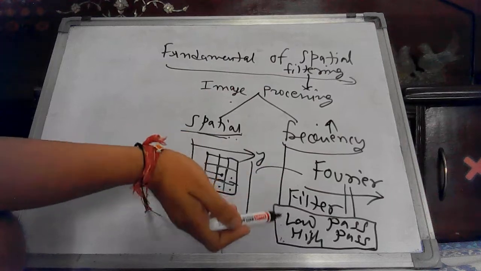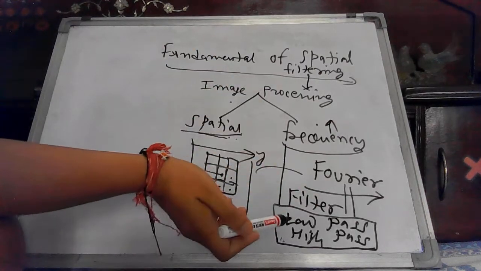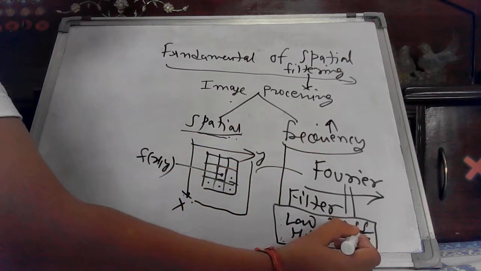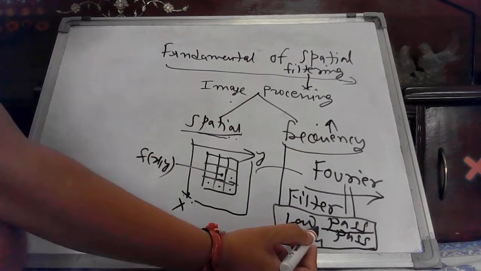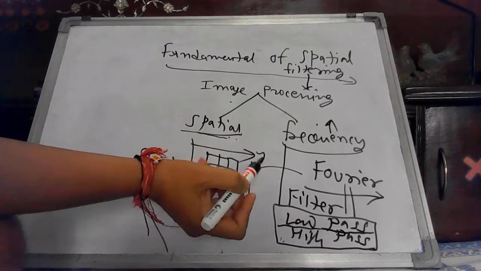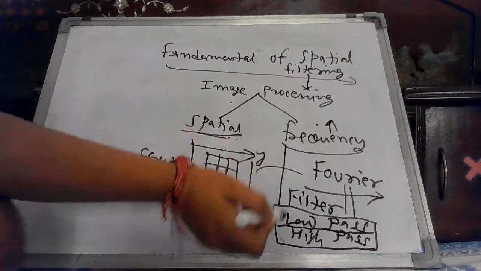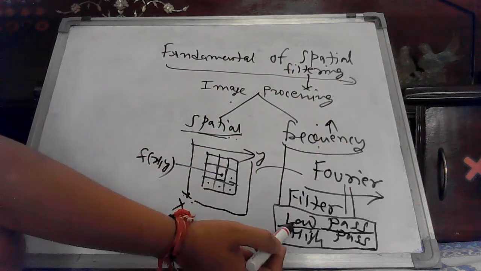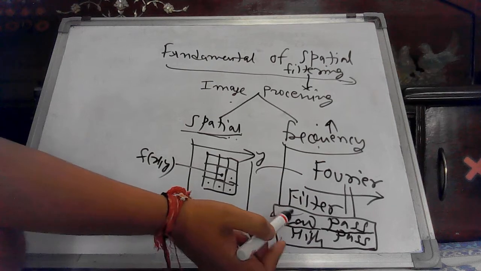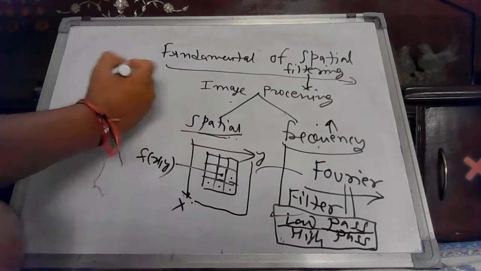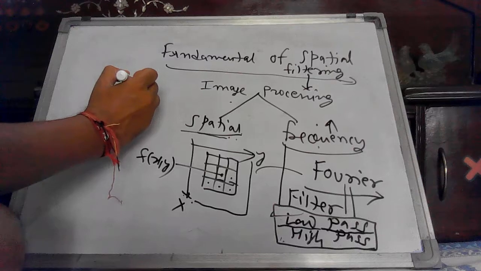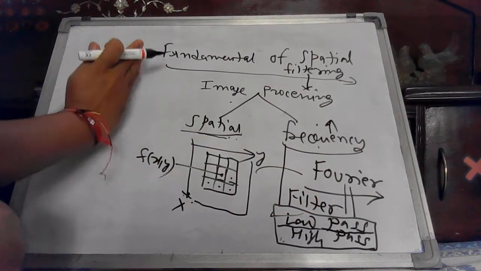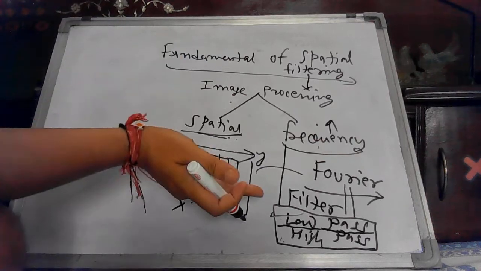If I say my filter is low pass, the meaning is very simple. It can only allow, meaning it can only provide a path to, the low frequency components of my image. So from here it is very clear that the filter term comes from the frequency domain only. If my filter is a low pass filter, it will allow only low frequency components from my Fourier transform to pass through, and it will obstruct all high frequency components.